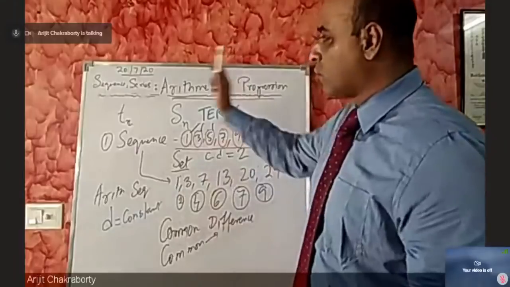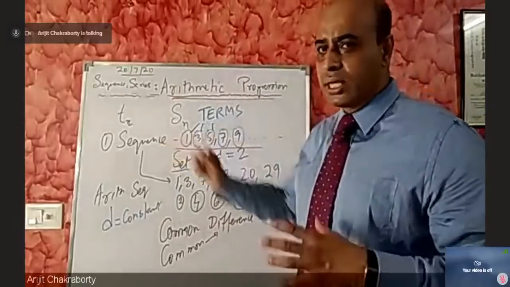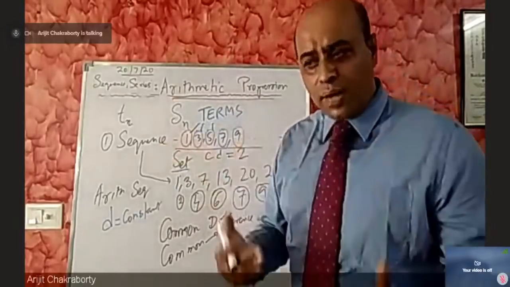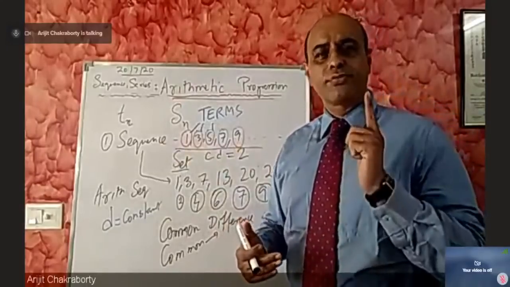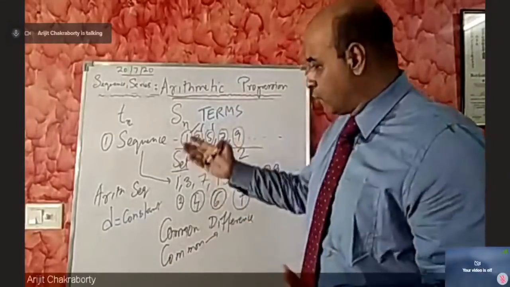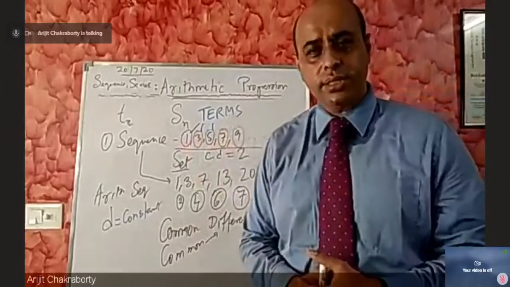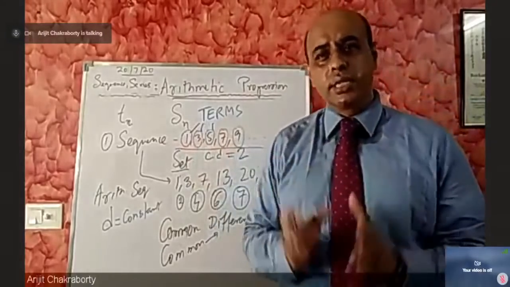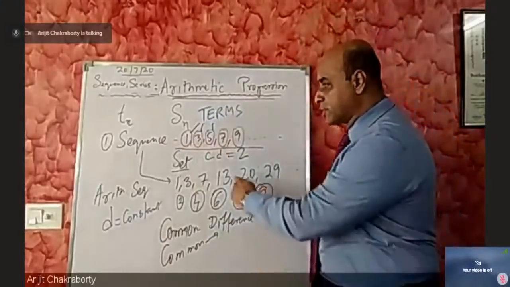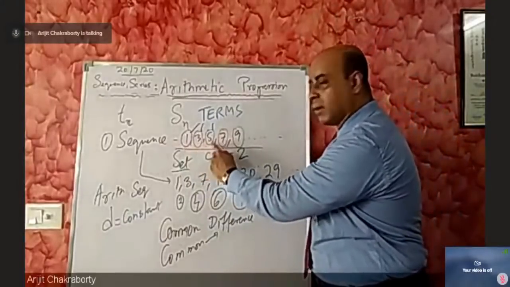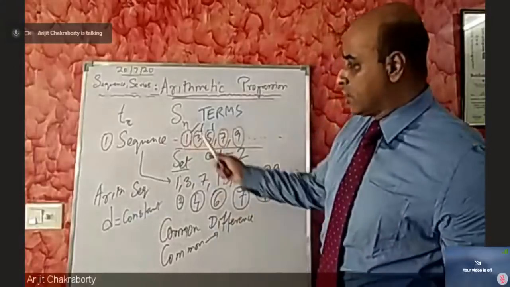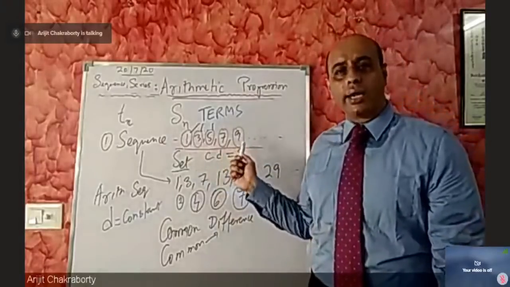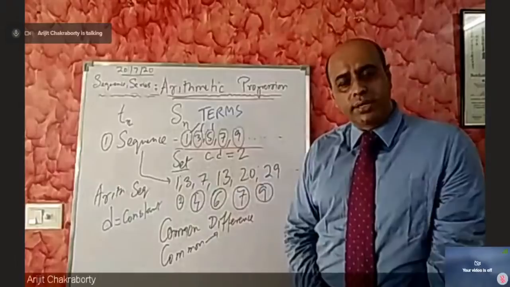So we talked about what a sequence is. A sequence is a set of numbers which obeys a specific order. We saw some examples of sequences. Then we noted that an arithmetic sequence is a sequence where the difference between every two numbers is constant. So 1, 3, 5, 7 and 9 is an example of an arithmetic sequence.